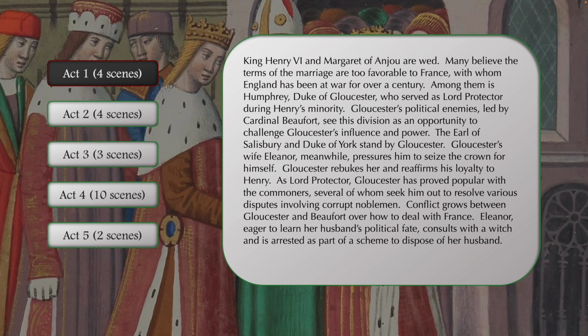And Eleanor, who's eager to learn her husband's political fate, consults with a witch, and this turns out to be a big setup. And she's arrested, and it's all part of a scheme to tarnish and dispose of her husband. Eleanor is kind of a prototype of Lady Macbeth.